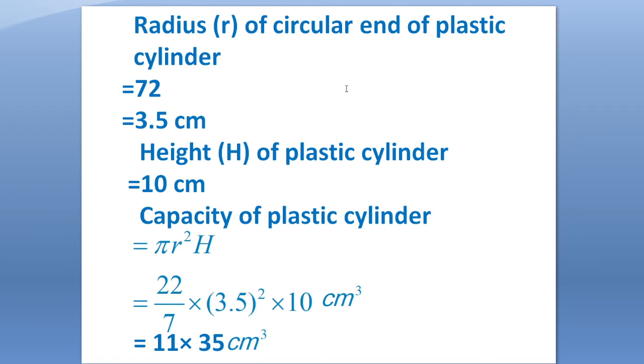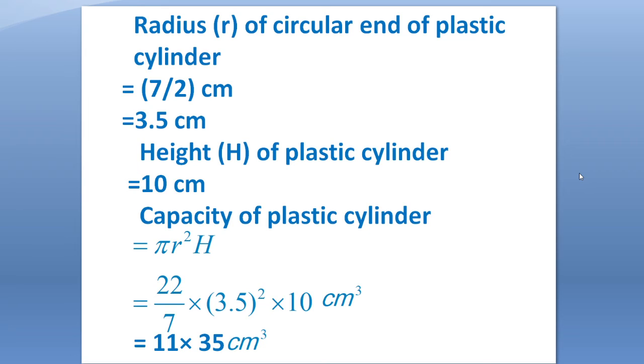So radius of the circular end of plastic cylinder is 7 by 2 centimeter, and is equal to 3.5 centimeter. Now height of plastic cylinder is equal to 10 centimeter.